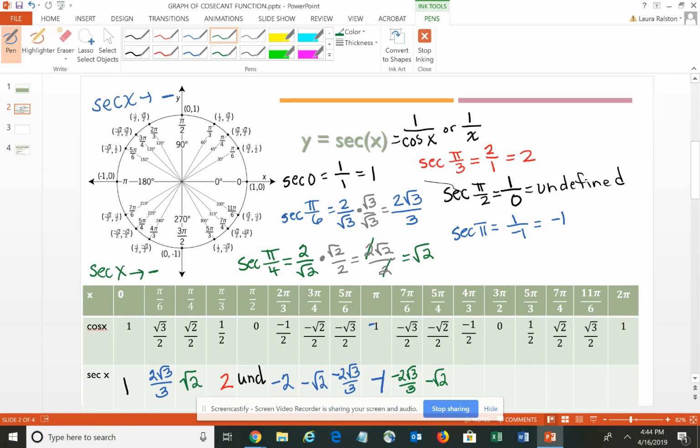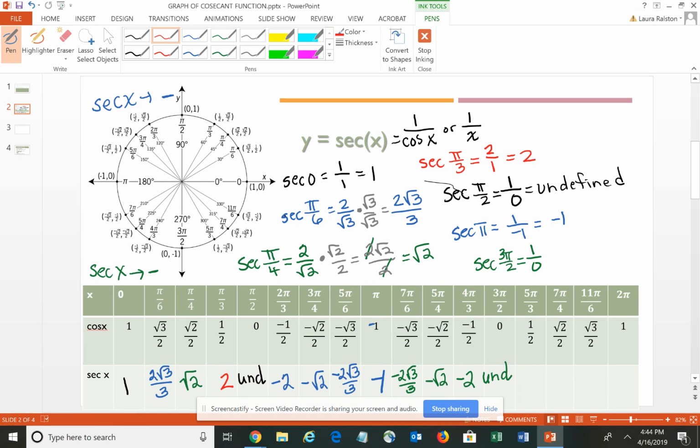At 4 pi thirds, I have -2. Then I have the secant of 3 pi halves. The cosine at 3 pi halves is 0. So again, I run into my problem because I have 0 in the denominator. So at 3 pi halves, again, my function is undefined.